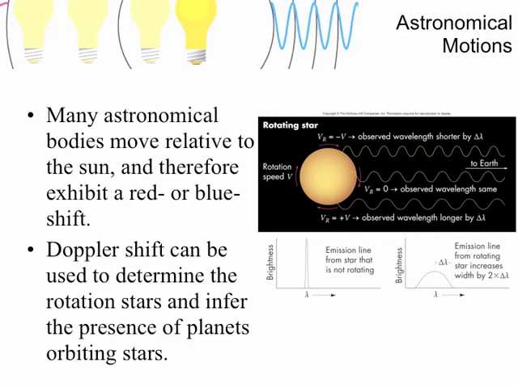Most objects in space are moving in many different directions. Perhaps they're coming towards us, perhaps they're receding away from us, and they're also usually spinning. We can measure the rotation rate of stars based on Doppler shift.